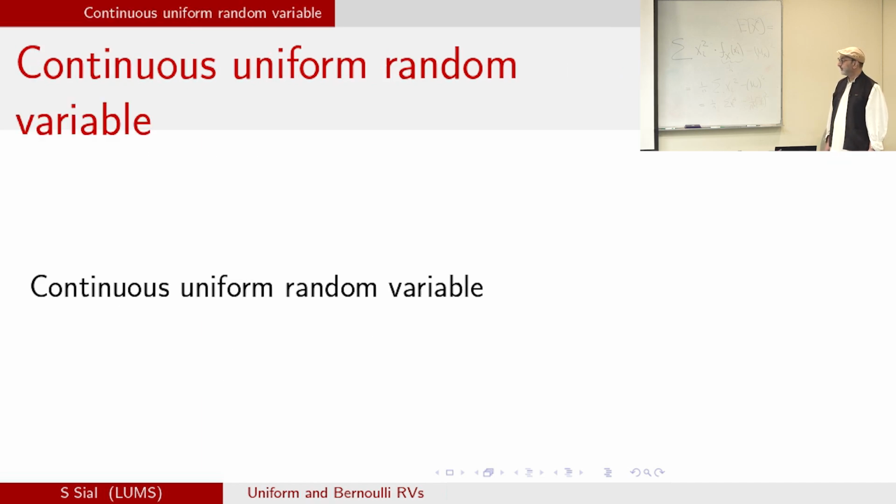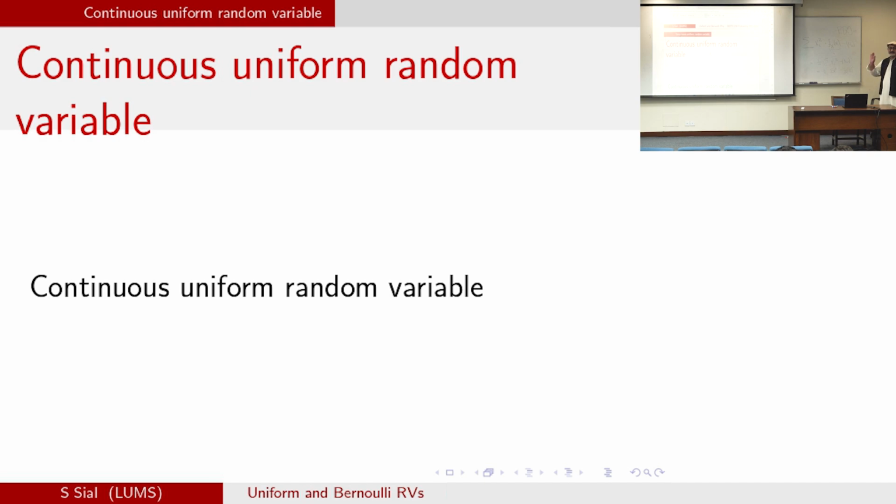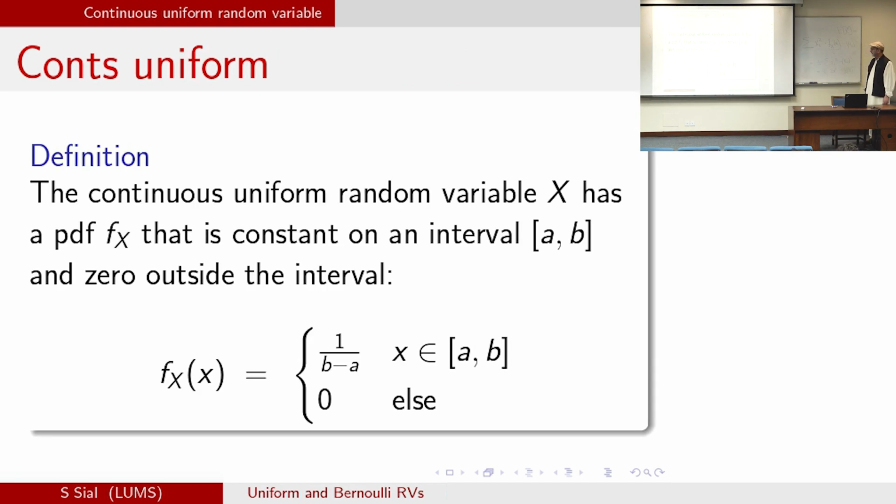Okay. All right, so that was the discrete uniform random variable. Let's talk about the continuous uniform random variable. Okay? So this is the form for a continuous random variable which is uniform. That means that it takes values on an interval from a to b.